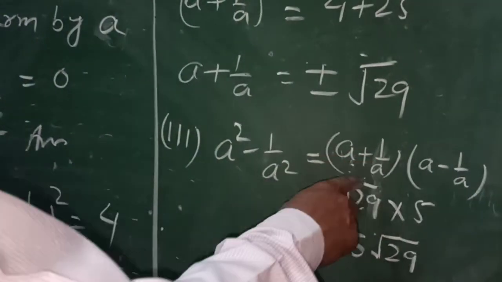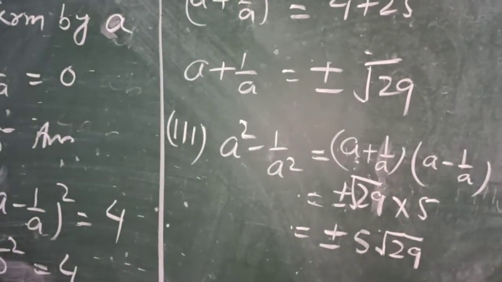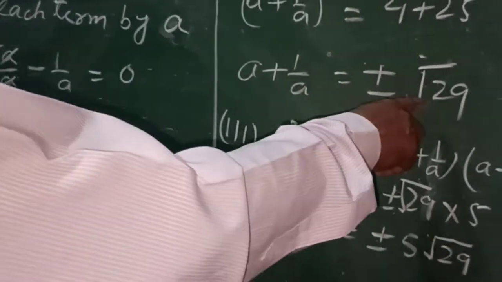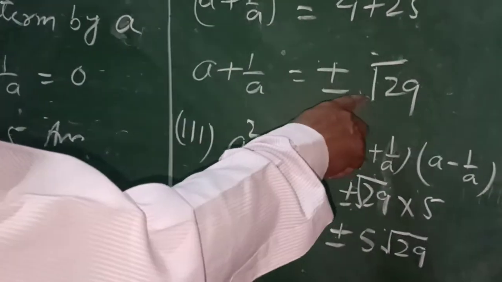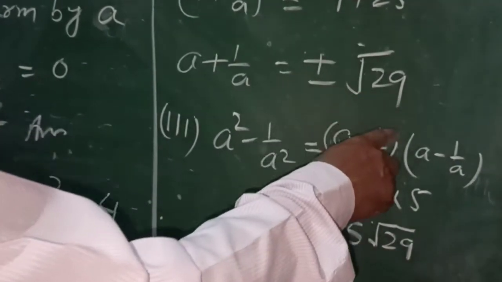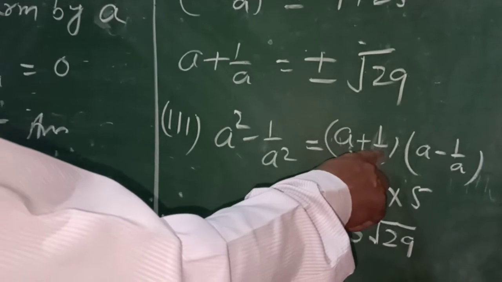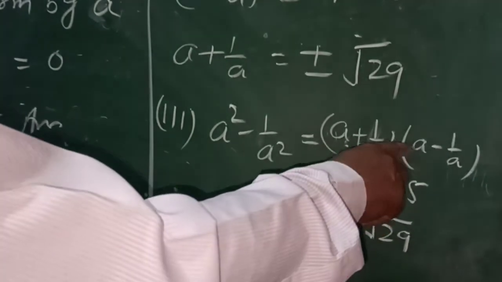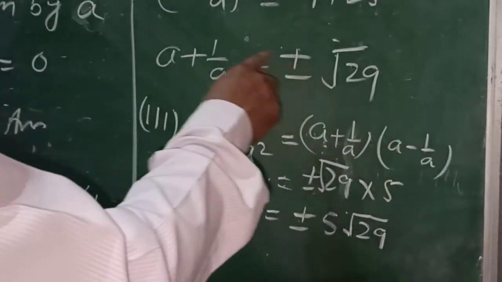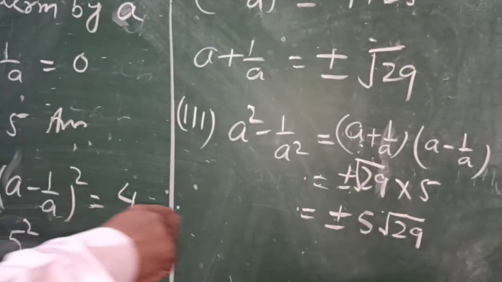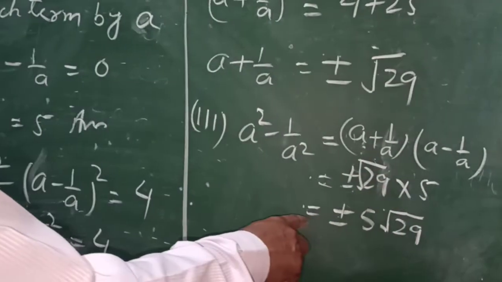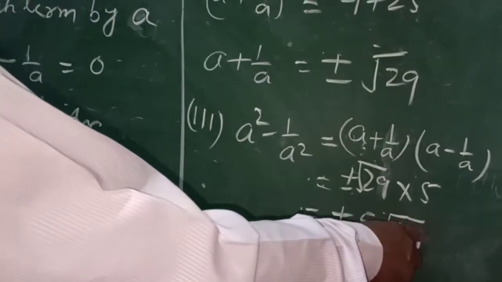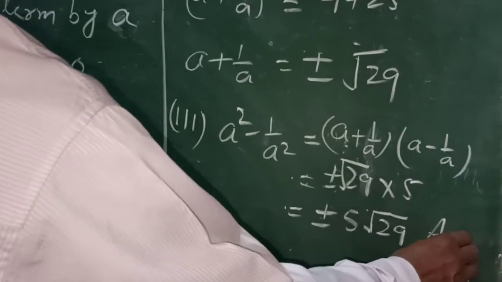Here a plus 1 by a is given as plus minus square root 29. Put plus minus square root 29 in place of a plus b, into a minus b, which is 5. So you get plus minus 5 square root 29. This is the answer of this question.